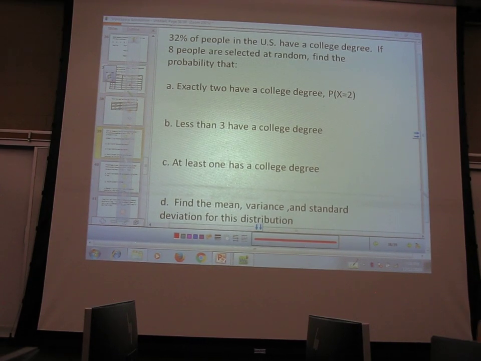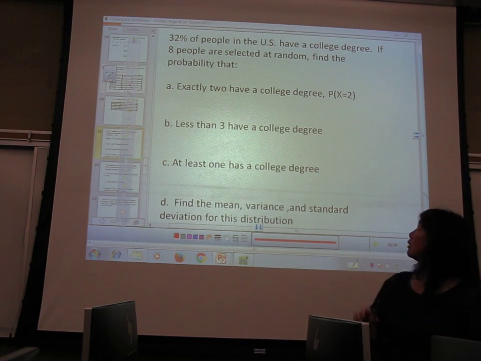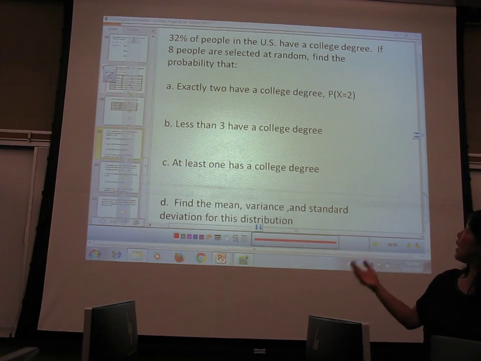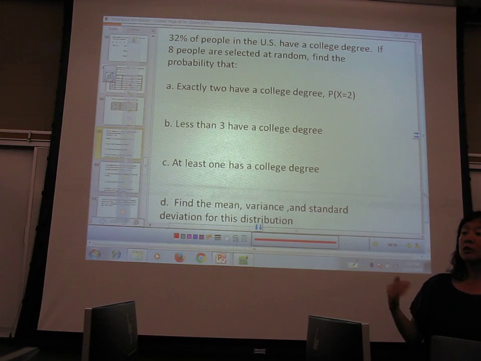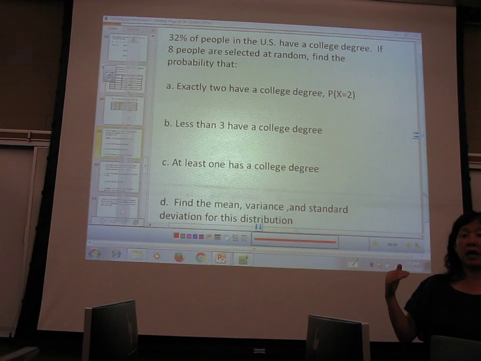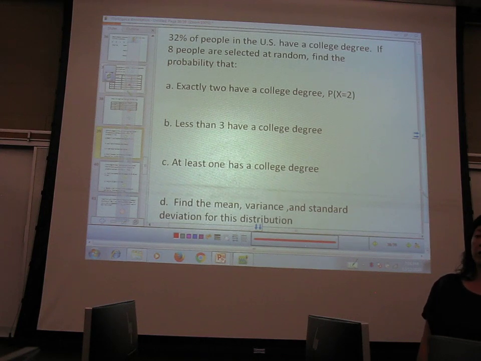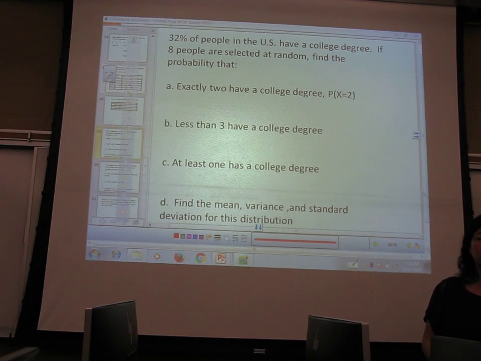There are only two possible choices: either you have a college degree or you don't. You have a fixed number of trials. You're picking 8 people, and you find the probability that exactly 2 of them are successes, which means you have 6 failures.